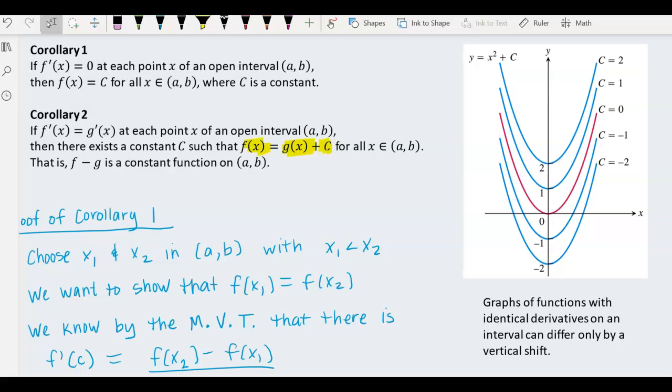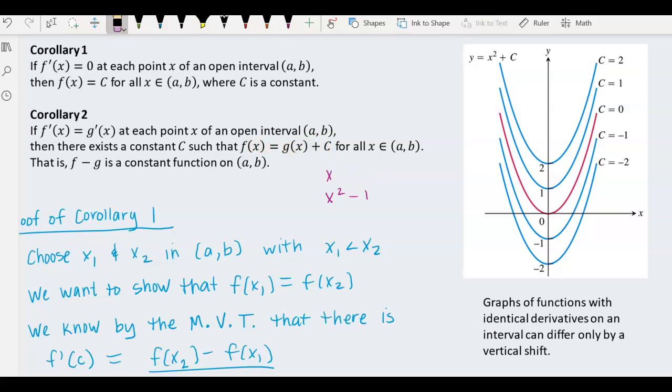And again, we can show this the opposite way. We could show by taking derivatives that say x squared plus 2 and x squared minus 1 have the same derivative. But we're trying to go in the opposite direction and say, if they have the same derivative, what did the original functions look like?